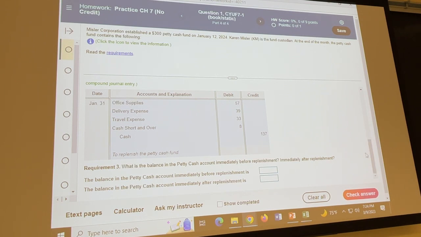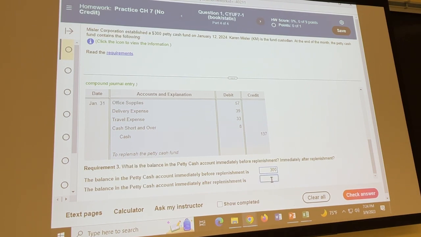If you were to go to the general ledger and look at the T account called petty cash, what would it say? 300. Yeah, it's 300. We only made one journal entry involving the account called petty cash, which was a debit for 300, so it's 300.